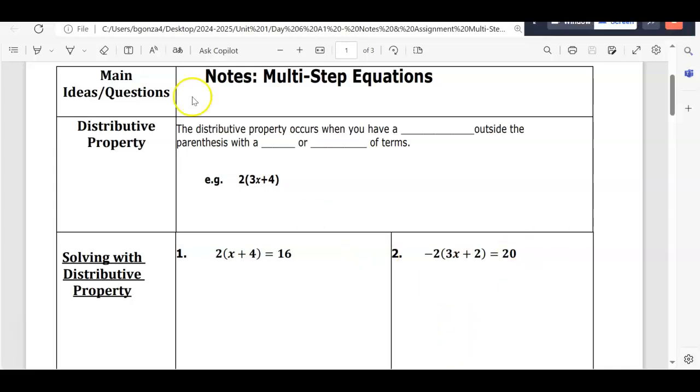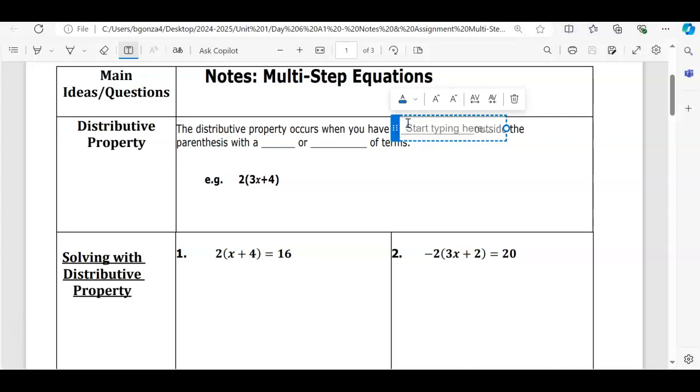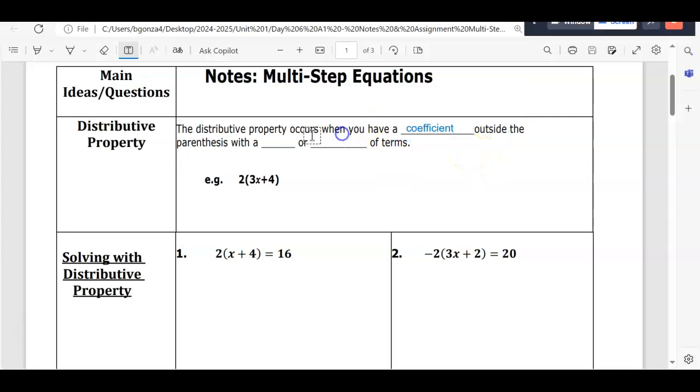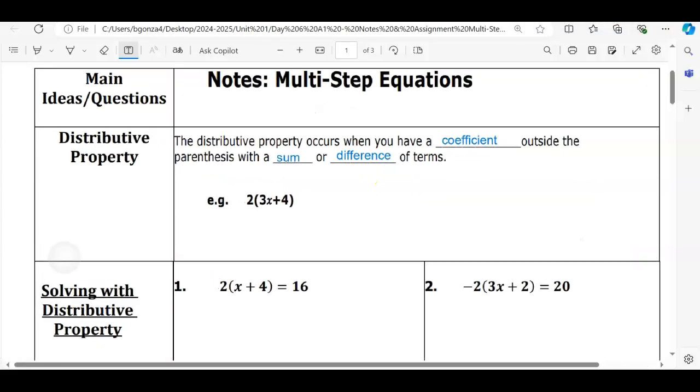So we talked about this on Wednesday when we did PEMDAS, order of operations, but when you have a coefficient outside the parenthesis with a sum or difference of terms inside the parentheses, okay?